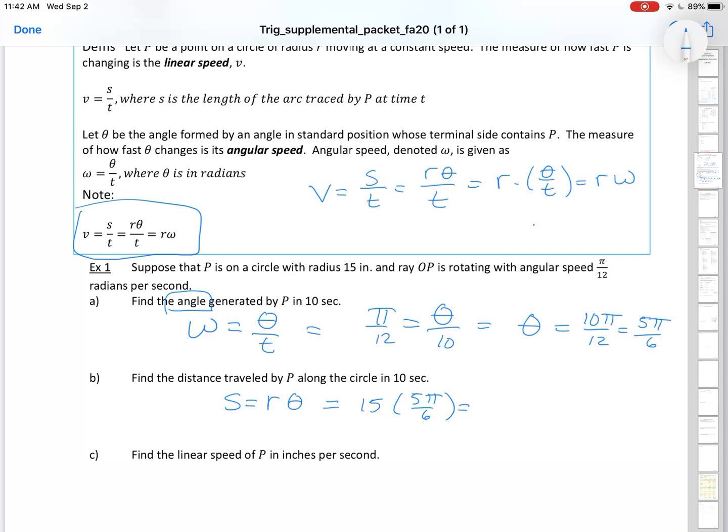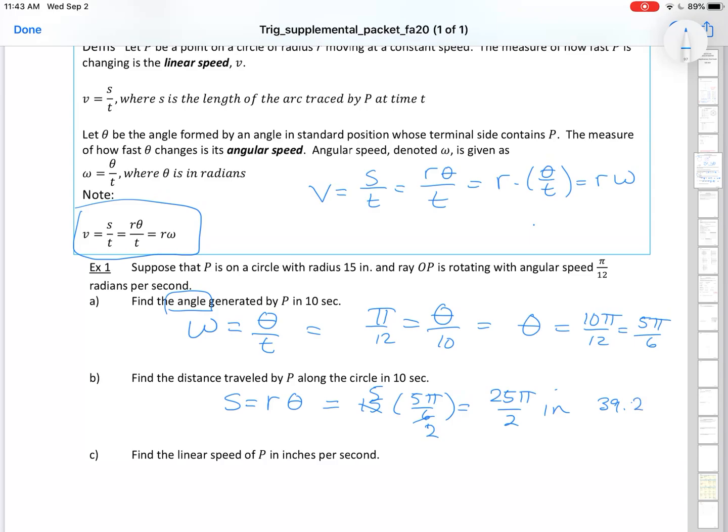Well, if I just stay with fractions, I can get 25 pi over 2. And it's a distance. What was the distance measured in? Inches. 25 pi over 2 inches is fine. If we want to see what that was as a decimal, I'm not sure how they're going to express it. Let's see what we have. 39.2.